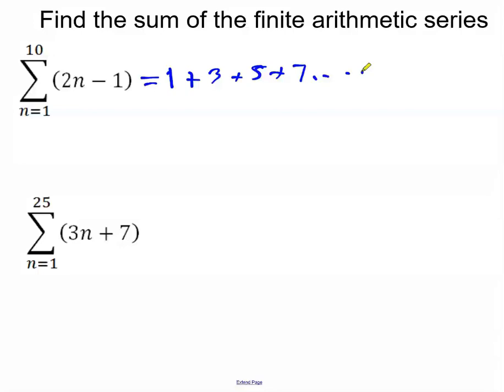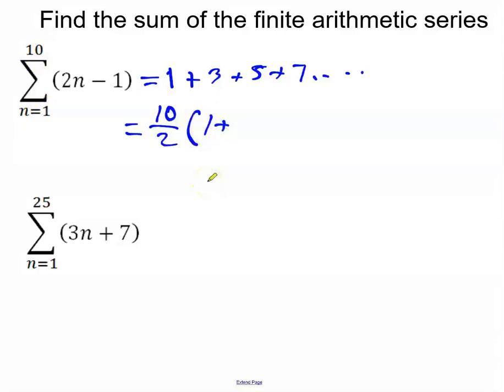So now we can stop writing out all of them and just go straight to our formula, which says the number of terms divided by 2. So to go from the first term to the 10th term, that's going to be 10 terms total. And then we take the first term, which is 1, plus the last term, the 10th term.